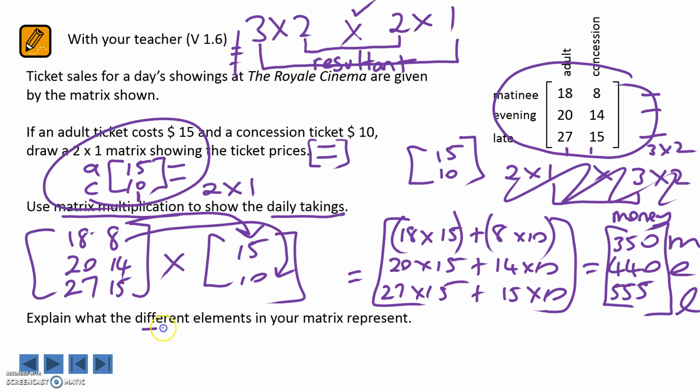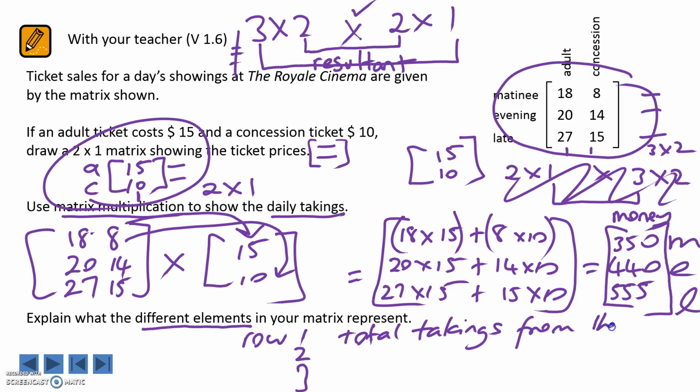Explain what the different elements, so remember the elements are the numbers in your matrix. So it represents, if we look at row 1, 2 and 3, the total takings in terms of your ticket money from the matinee.